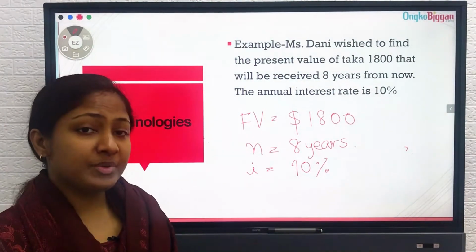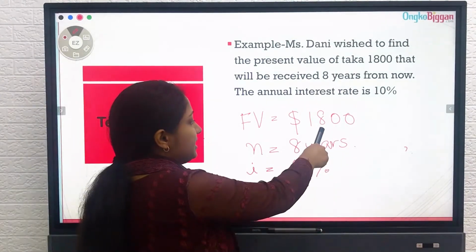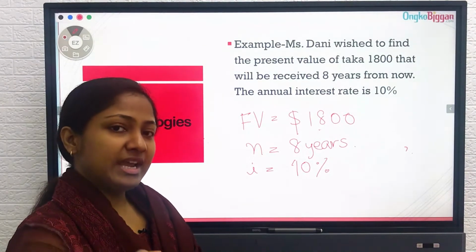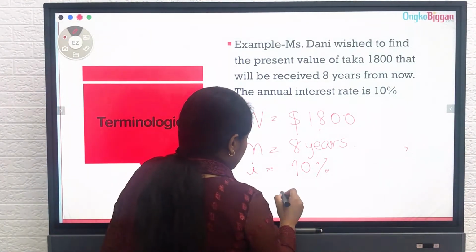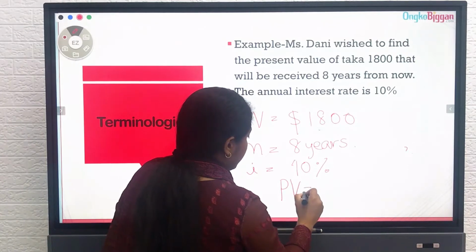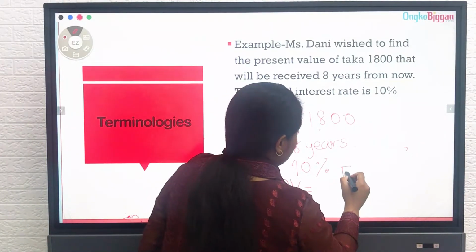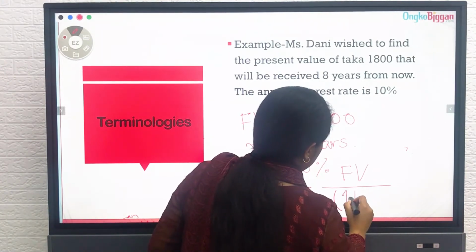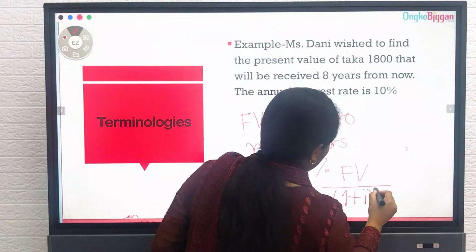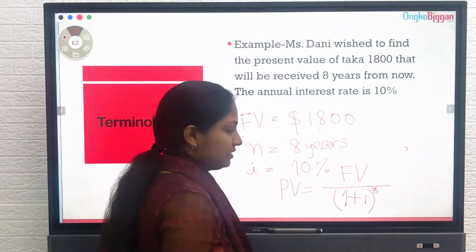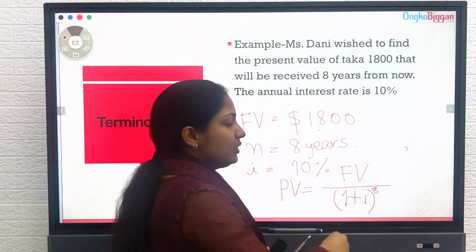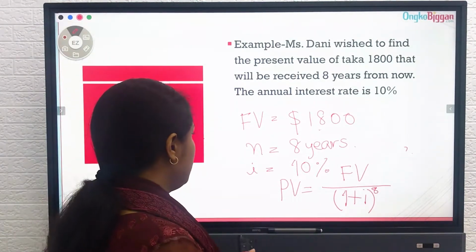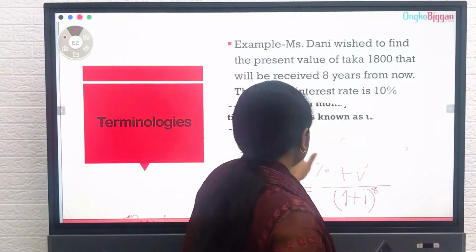So what will be our present value? It means how much money the $1,800 from 8 years is worth now. So present value equals future value divided by 1 plus I to the power 8. Okay, from there we will get the amount which will be worth now.